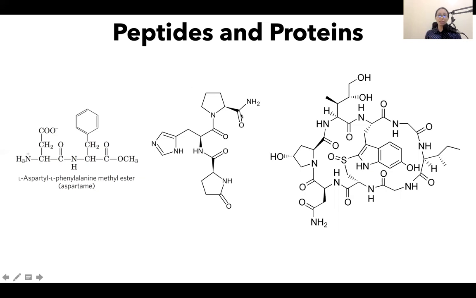Next, this one. This is a tripeptide. Can you recognize the amino acid residues? This is a hormone. It's called TRH, or thyrotropin releasing hormone. So it's the hormone that causes the release of another hormone called thyrotropin. So have you recognized the amino acid residues?